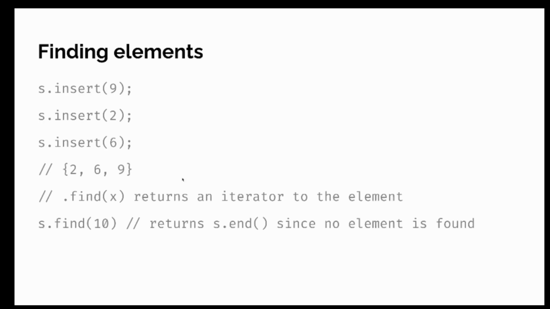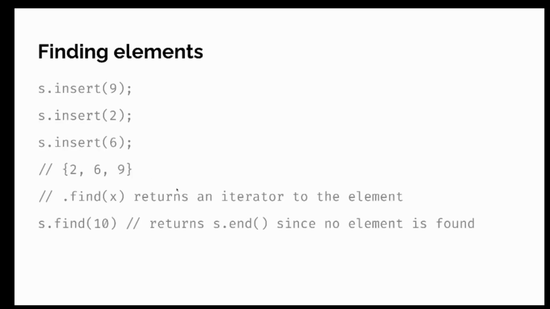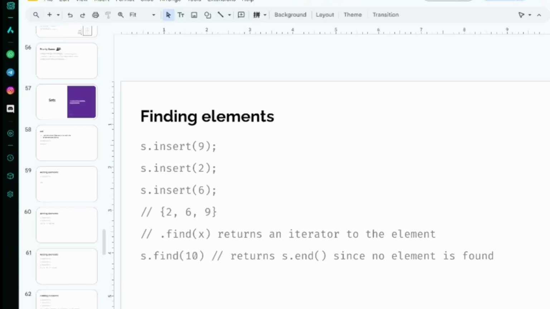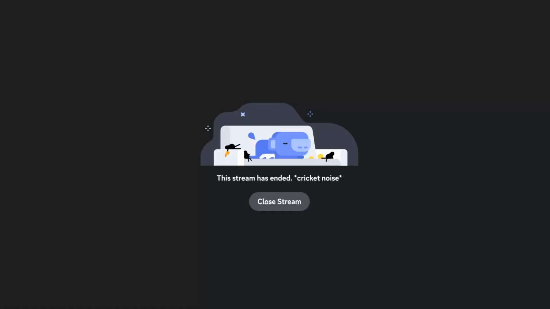It'll return a pointer that points to the end of the set. So this is actually very useful. If your CP problem requires a set and you need to know if a certain number is inside of your set, you can use this function. You can use if s dot find 10 not equals to s dot end in order to see if the element is inside. So let me just show you that.